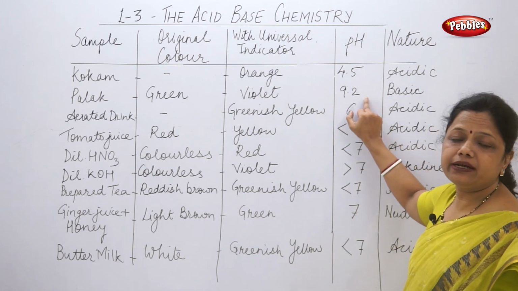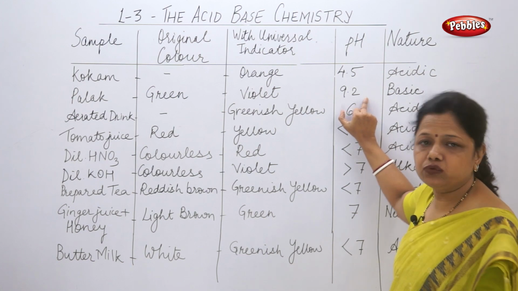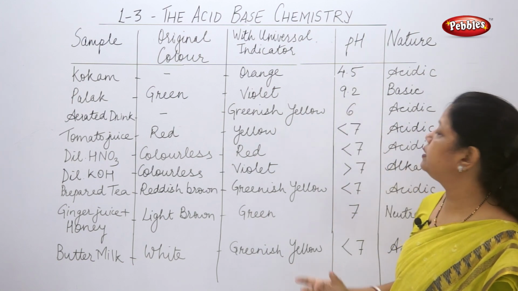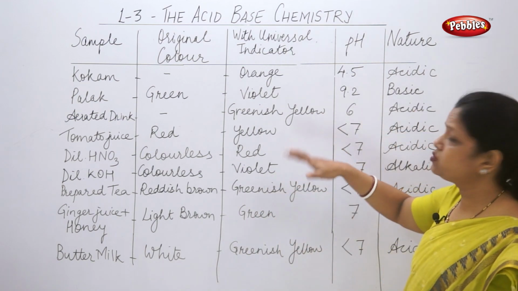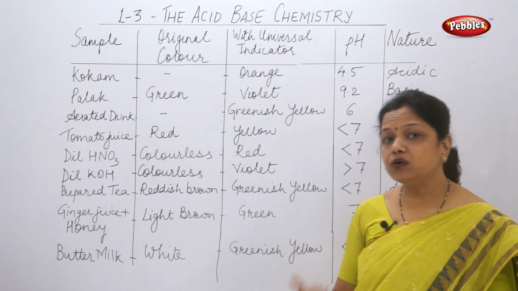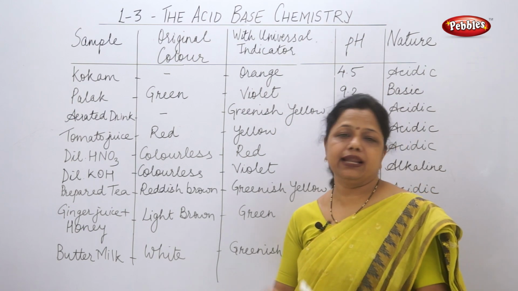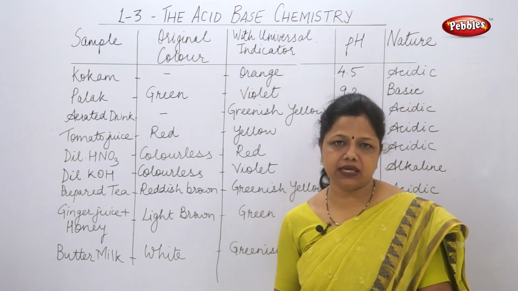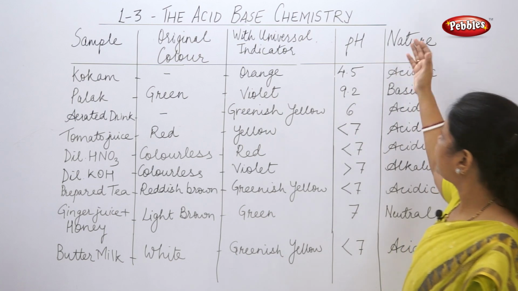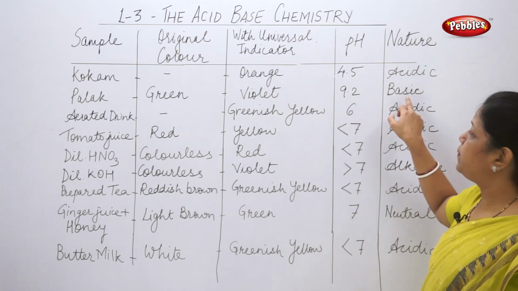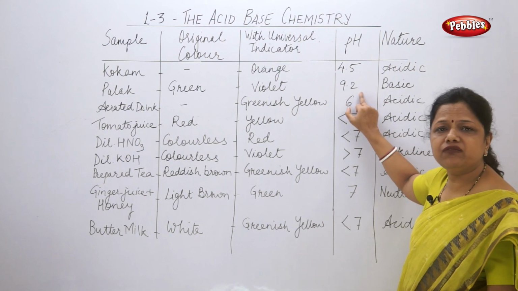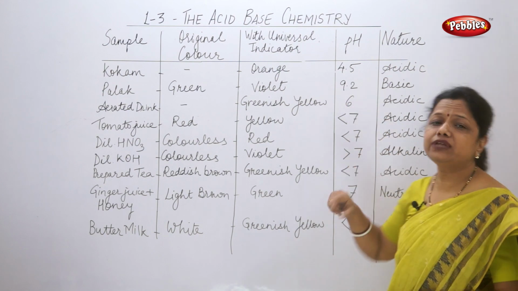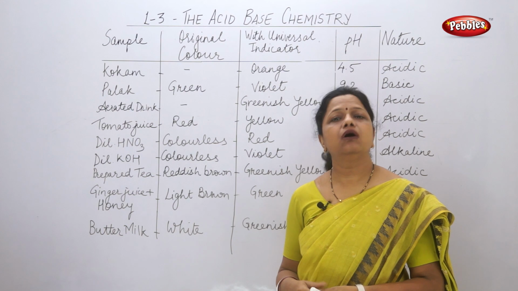It indicates that it might be between 9 to 10, or approximately 9.2 or 9.3. If it is more than 7 and less than 14, it is basic in nature. So when I write the nature, I will write basic in nature. From the pH, we can easily find out whether the nature of the substance is acidic or basic in nature.